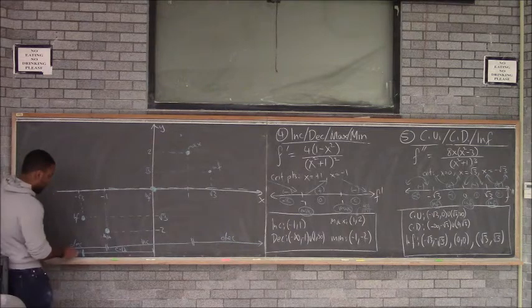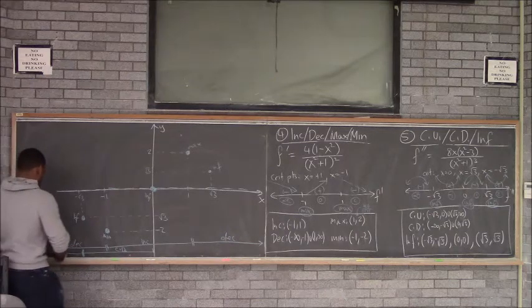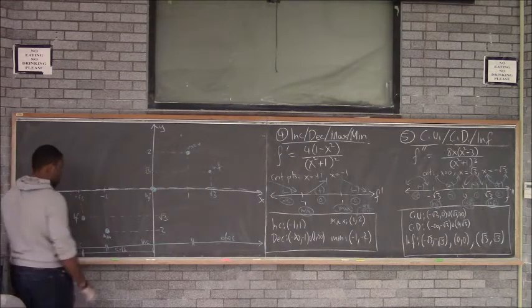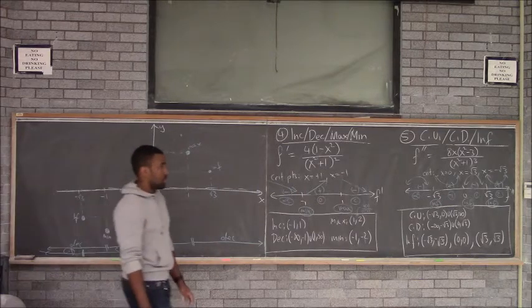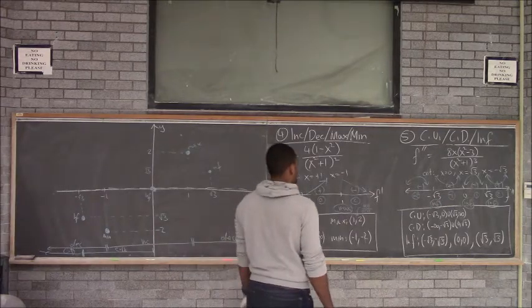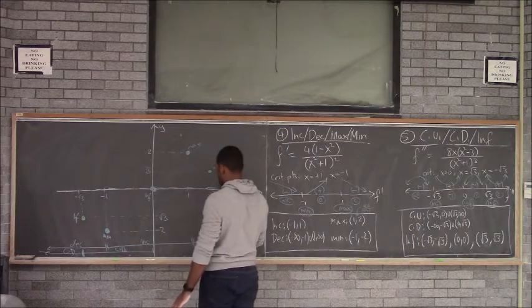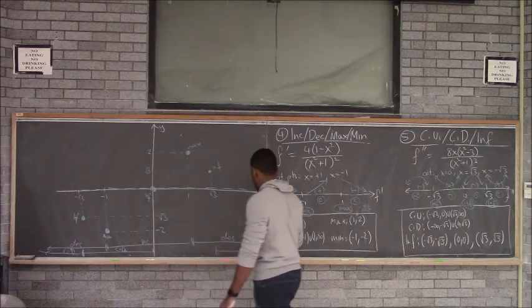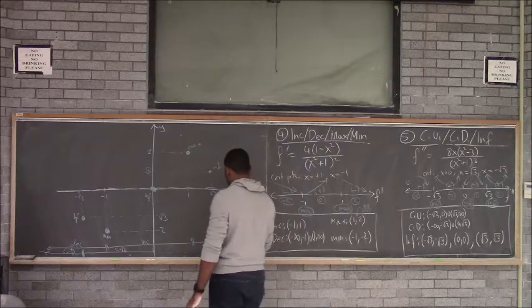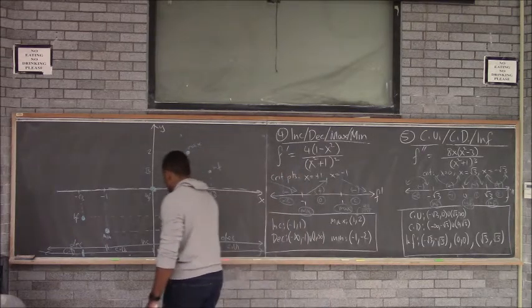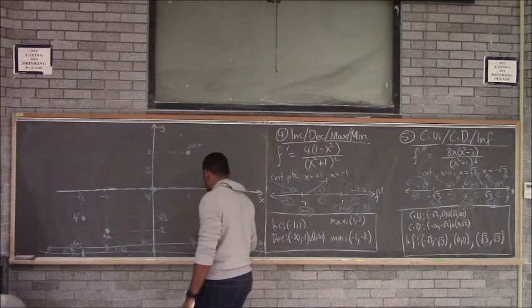And from minus radical 3 to negative infinity, I am concave down. Between radical 3 and infinity is here. Concave up. And in the remainder, I am concave down.